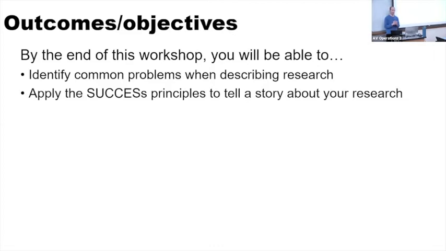It's been out for a while. But the success principles is actually an acronym of simple, unexpected, concrete, credible, emotional, and stories to help you with your presentations or your pitches in general. So we'll talk a little bit more about that today.